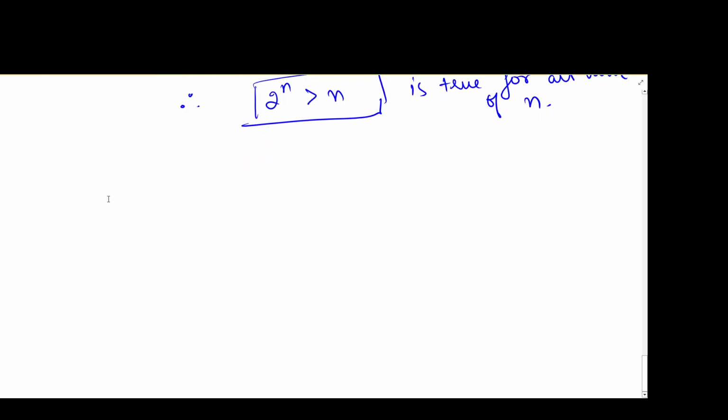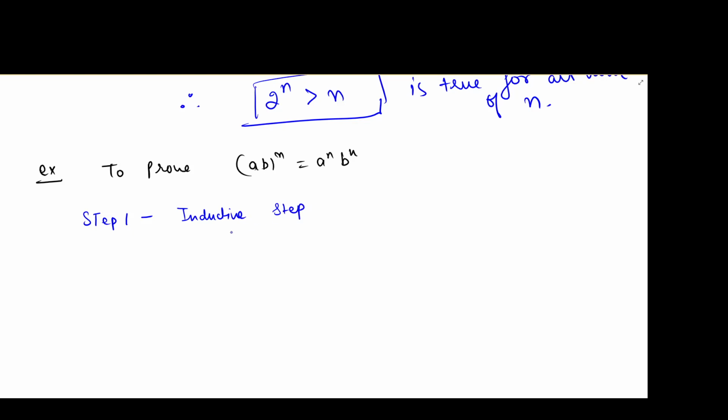Now we take another example, to prove (ab) to the power n is equal to a to the power n times b to the power n. Step 1 is the initial step. Put n equal to 1.